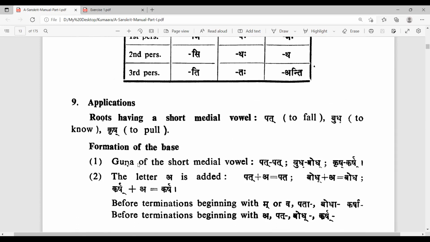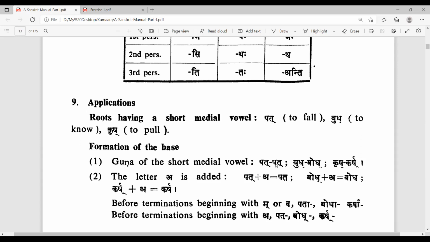Anga. Guna of the short medial vowel will happen. Here pat is there. What will happen to the short medial vowel? That is hrasva upadha. That is A only, because the guna letter of A is A only.